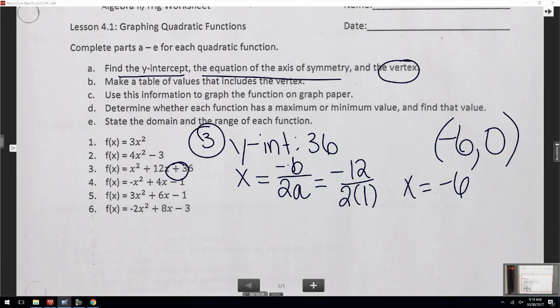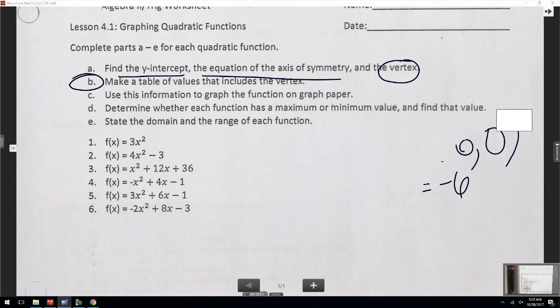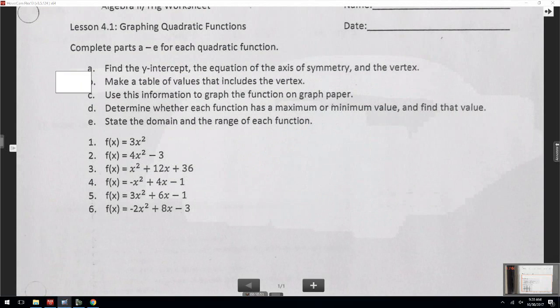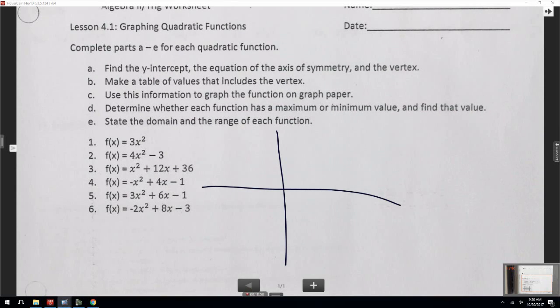Okay, then we're going to make a table of values. We're not actually going to make that table. Where's your table at? Right there on your calculator. There you go. Alright, use this information to graph. You got a piece of graph paper or something? Let's do this. Put it on here. What was that first value that we found? 36.